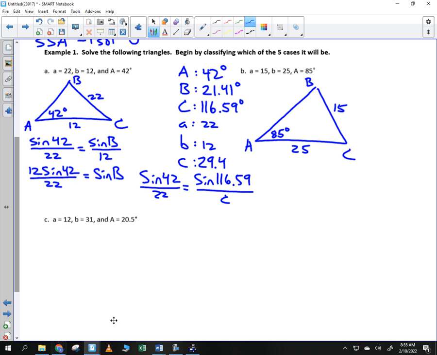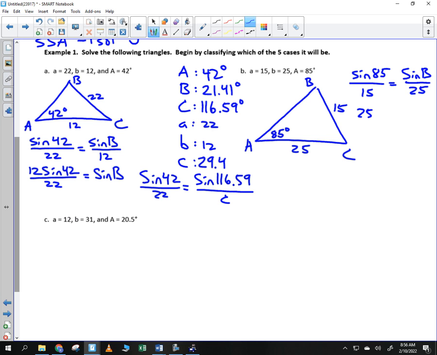I will set up the law of sines. Sine of what over what? Over 15 is equal to sine of B over 25. I want to solve. What should I do to both sides? Multiply by 25.